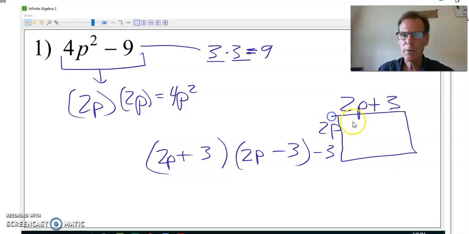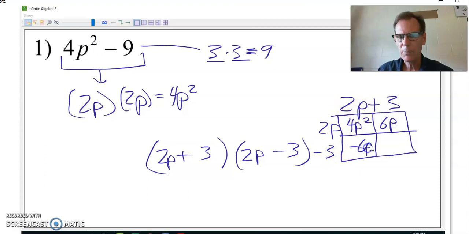And I just want to prove to you that that is the correct factoring of that original binomial quadratic up there. 2p times 2p is 4p squared. 3 times 2p is 6p. 2p times negative 3 is negative 6p. And 3 times negative 3 is negative 9.